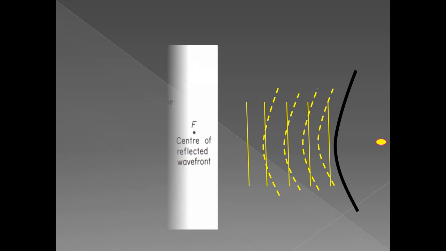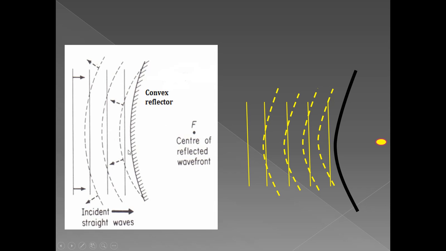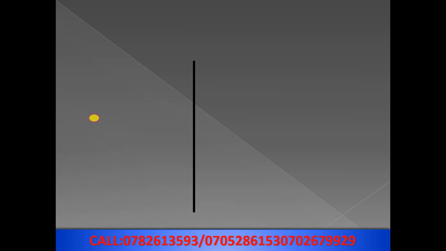Let's repeat that action. It will come and produce like that. So this action can now be seen here, that when the waves come, they are reflected back as circular waves, again taking the shape of the reflector, acting as if the source of the waves is at this point of the reflected waves. Okay, so that's the reflection of waves on a reflector.